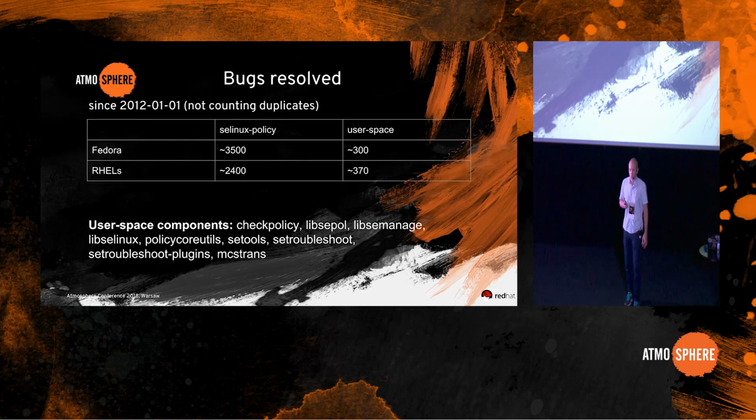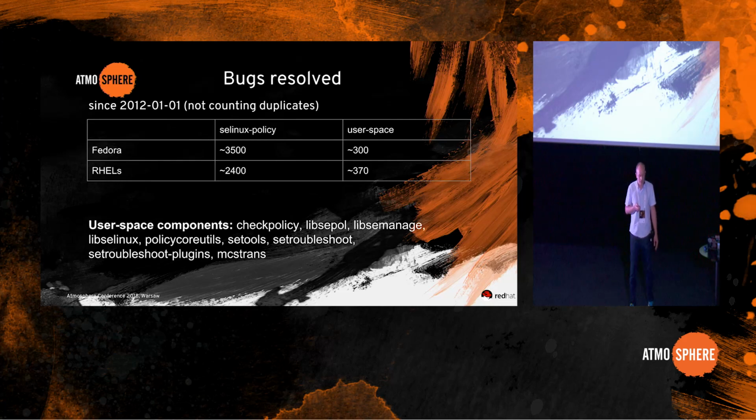If we look at some statistics, for example, number of bugs resolved: since 2012, there were about 3,500 bugs resolved in various kinds of Fedoras, and about 2,400 in various RHELs, meaning RHEL 5, RHEL 6, RHEL 7.